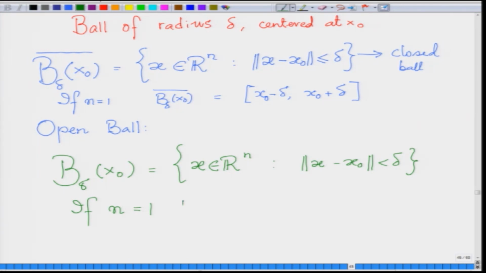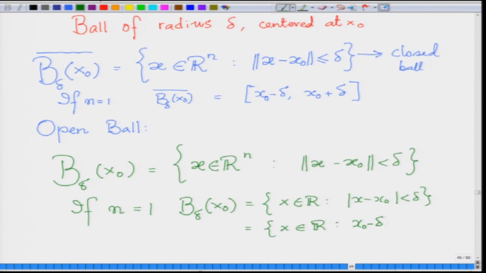Then this B delta x naught would be nothing but the set of x in R, and norm now becomes modulus, where mod of x minus x naught is less than delta, or it is nothing but the set of all x in R such that x is lying between x naught minus delta and x naught plus delta.